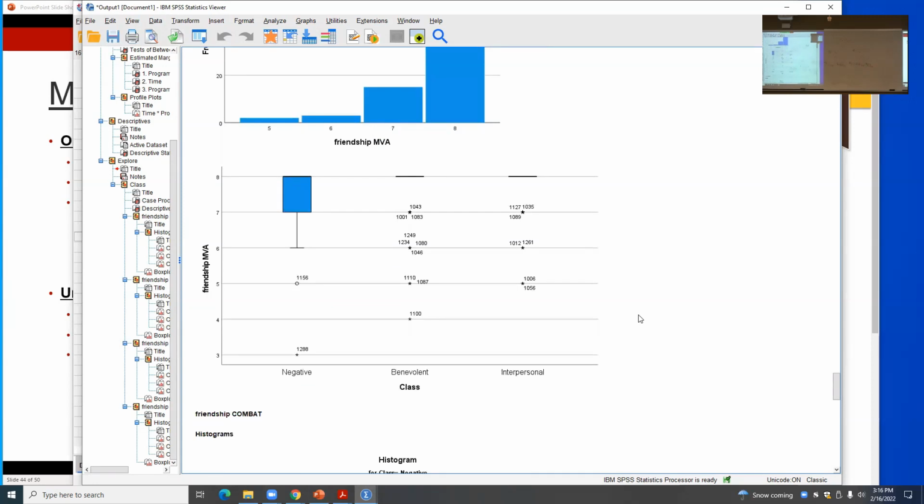Look at that box plot. What does this mean in terms of the box plot right here? How do I interpret this? Yeah, Emily? If almost everyone responded with 8.